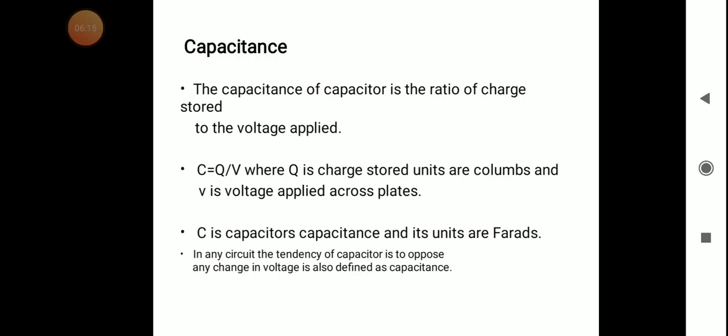The circuit's tendency to oppose any change in voltage is also called capacitance. Not only a component, the circuit may also have the capacitance property.